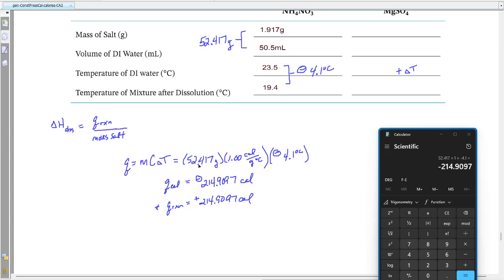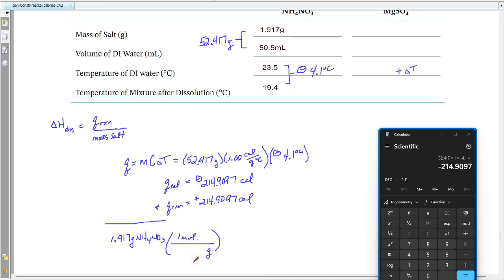How do I find moles of the salt? Well, you should by now in Gen Chem know how to do grams to moles conversion, right? I put a little line here. I started with 1.917 grams of ammonium nitrate. I'm going to use my handy dandy periodic table to figure out how many grams per mole that is.